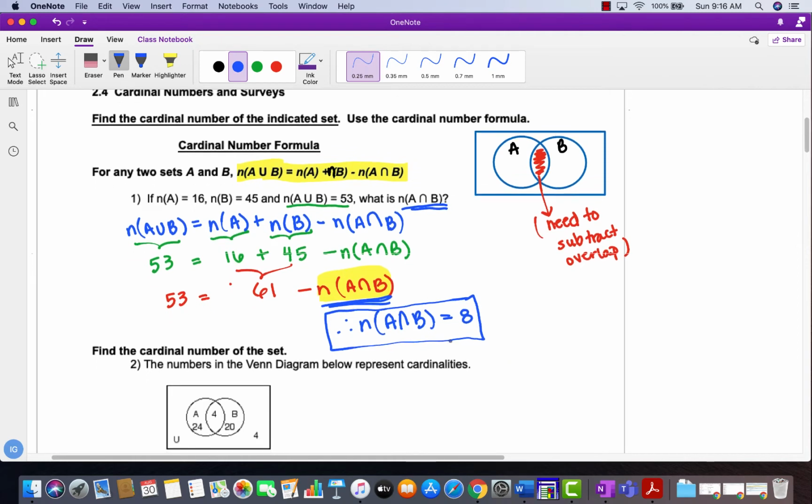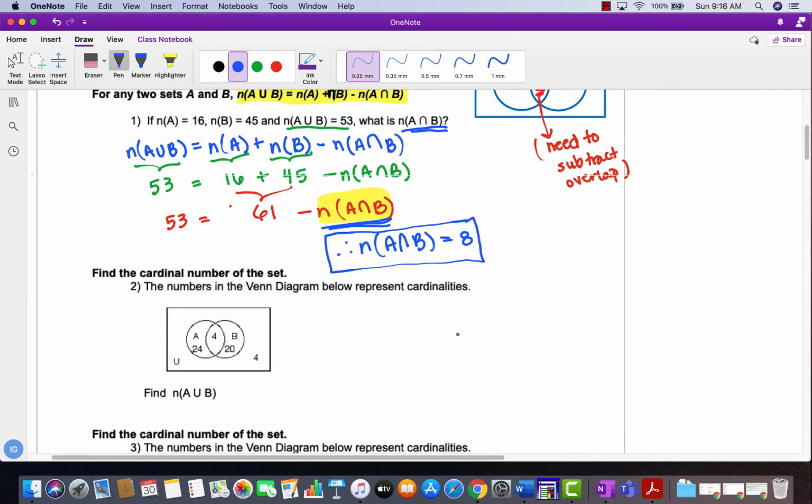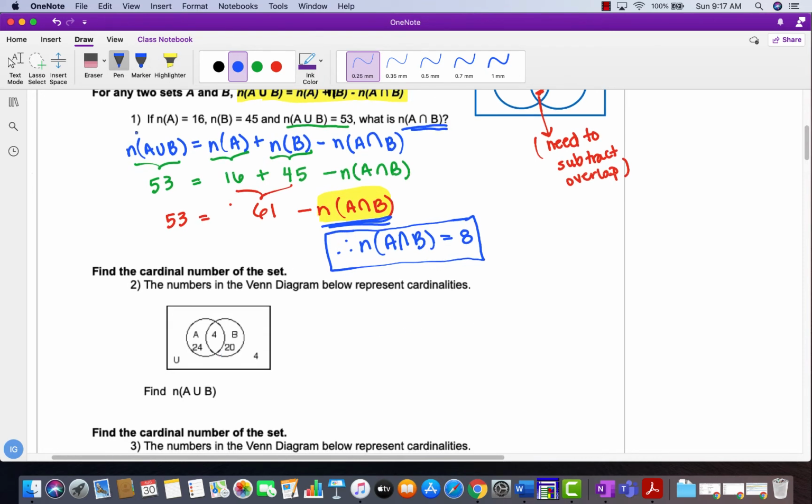Okay. All right, let's look at another example. Now, in this one, we still have to find the cardinal number of the set. The numbers in the Venn diagram below represent cardinalities. So here, notice they don't write it out like in example 1.